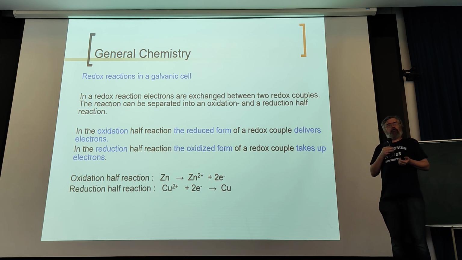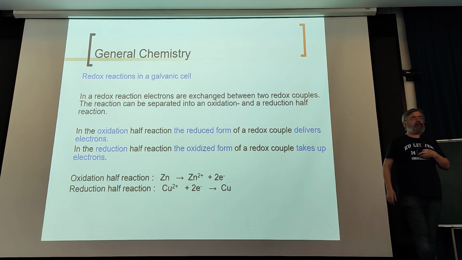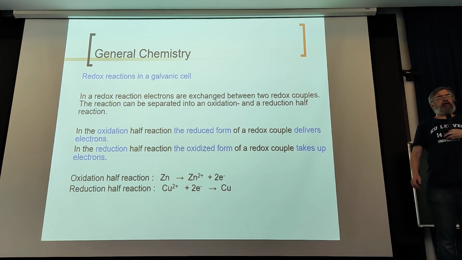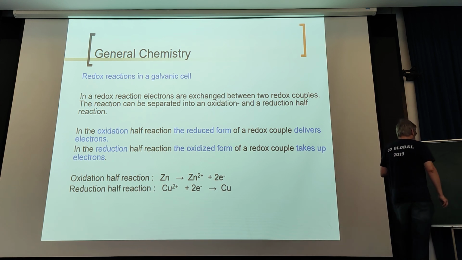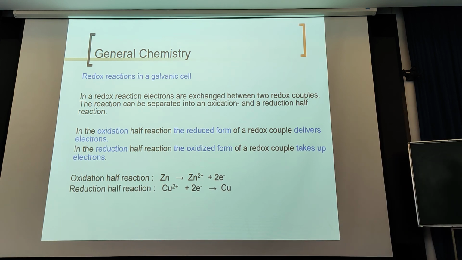Sometimes these reactions can be quite complicated, but we start with a very simple example in which we have the reaction of zinc metal with copper 2+, and what you get is copper metal and zinc 2+. Now if we separate it, the one half reaction is about the zinc, and as you can see, the zinc is delivering zinc 2+ and 2 electrons. That's one half of the redox reaction.